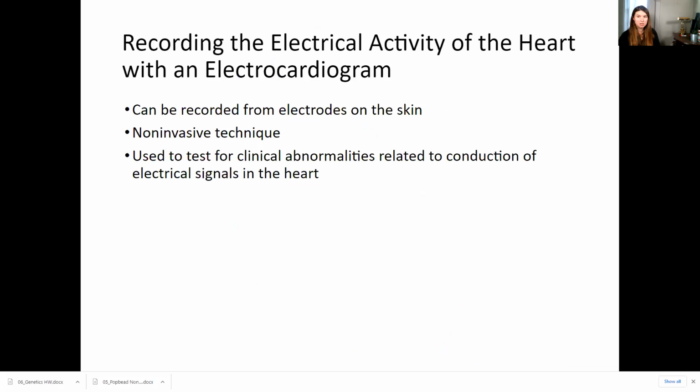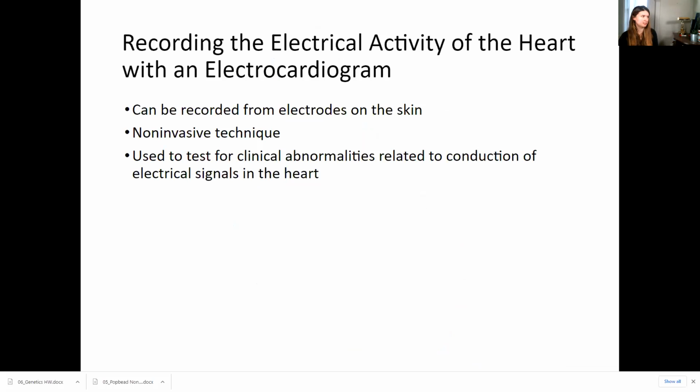Okay. So what we didn't get to last time was talking about how you actually can measure the electrical activity in the heart. So this is done with an electrocardiogram. So that's either an ECG or an EKG. The EKG is just when they've written it in German, cardio starts with a K in German.